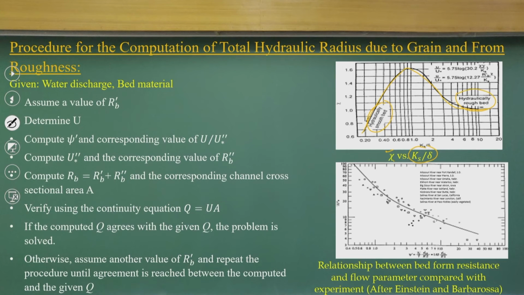Xi's values vary from 0.6 to 1.6, and it becomes 1 at ks by delta, where delta stands for the thickness of the laminar sublayer. That is more or less the highest xi factor we consider, and then it comes back to the value of 1 when you have hydraulically rough beds.